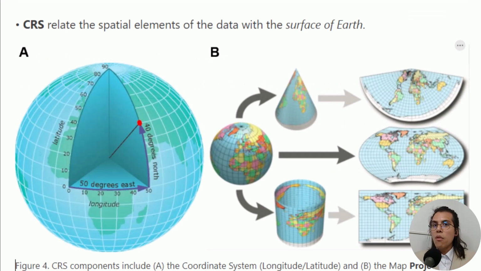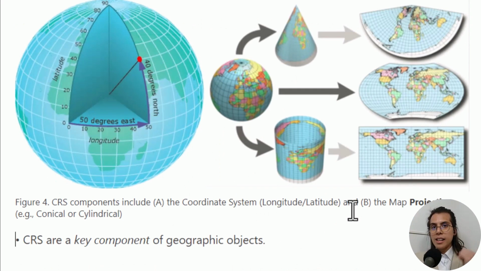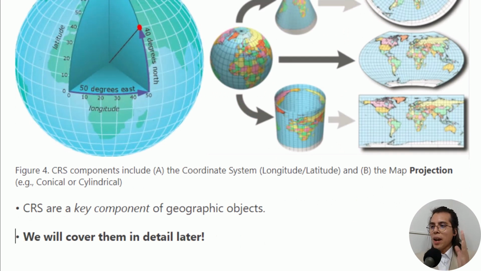For example, some of the components of the CRS are the coordinate system that is used, like the longitude and the latitude, and also the map projection, which refers to which type of geometry we are projecting the world into: a cylinder, a cone, or a different geometry. Until now, we only need to know that CRS are a key component of geographic objects. And don't worry, we will cover it in detail in the following lessons.